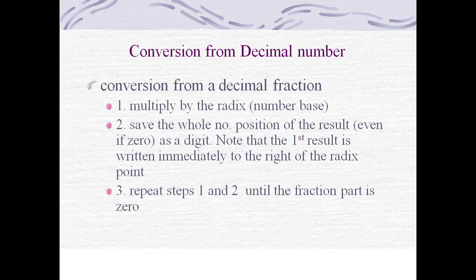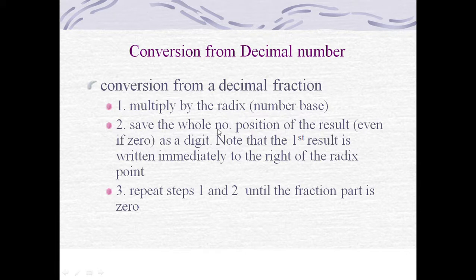If we are talking about the decimal fraction part, then we can convert that fraction part to any other number system by multiplication using the radix or number base of the target number system. So multiply the fraction part by the radix or number base of the target number base system.